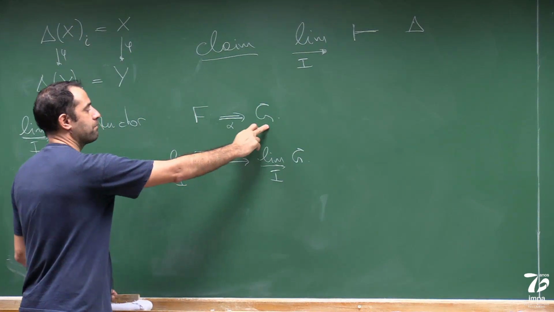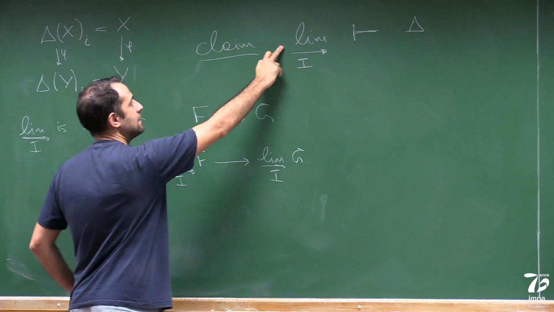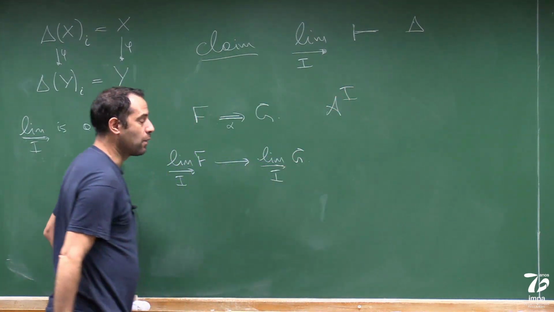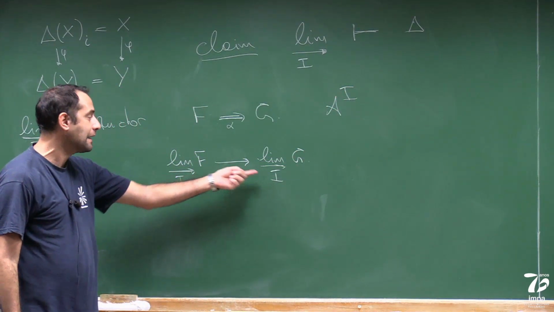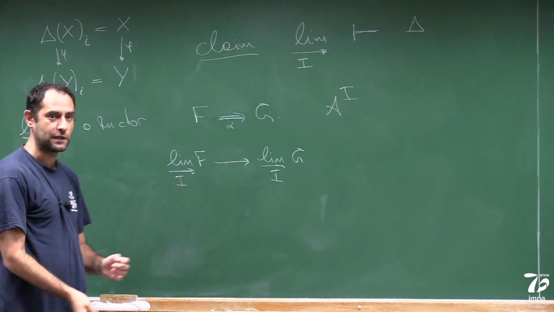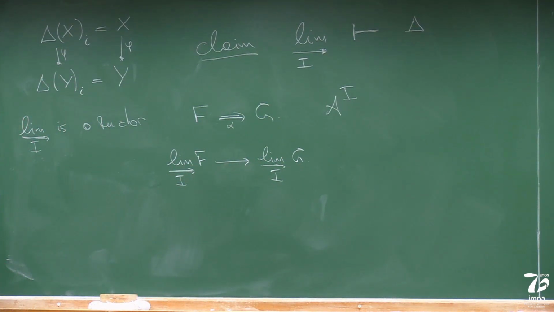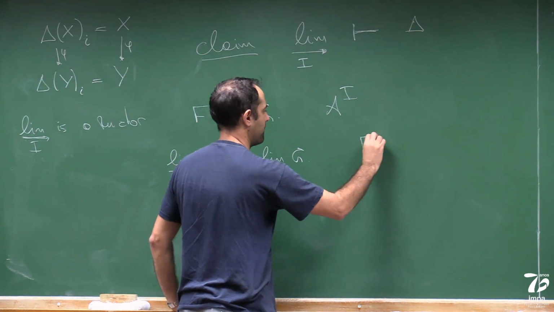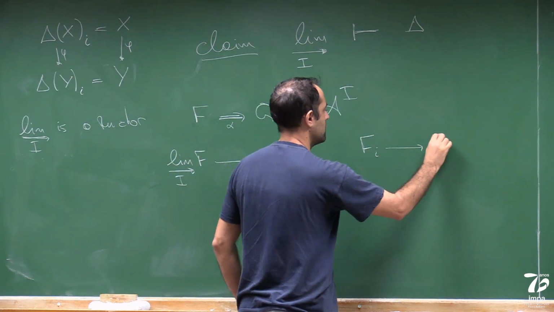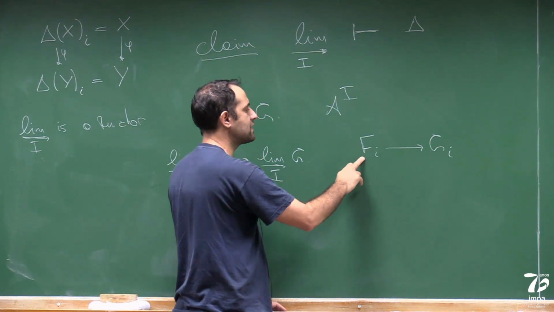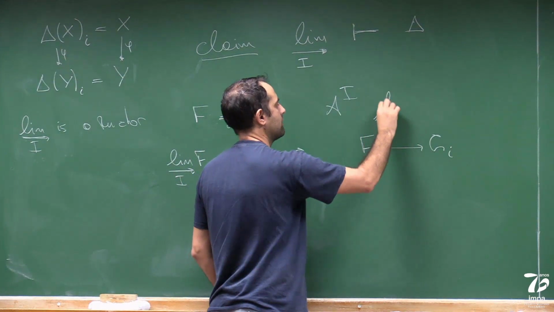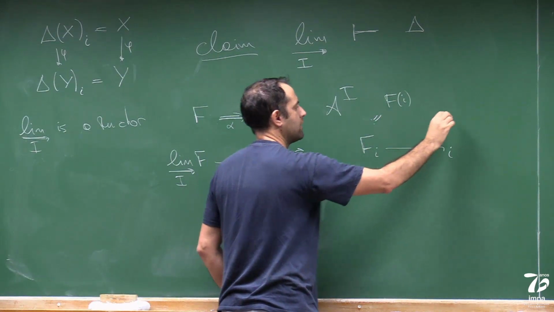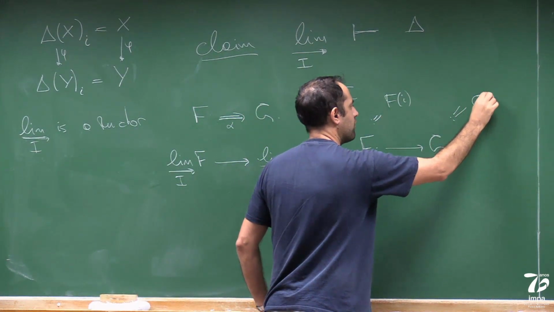So this is an arrow, not a double arrow. So given a map between the functors, that's a map in this category, so that's a morphism in the category A to the I. I want to get a morphism of the functors applied to each one of these f and g, which are the colimits. Okay, so what is this alpha? Again, this alpha is a map from f_i to g_i, where this f_i is f of i, and this is g of i.